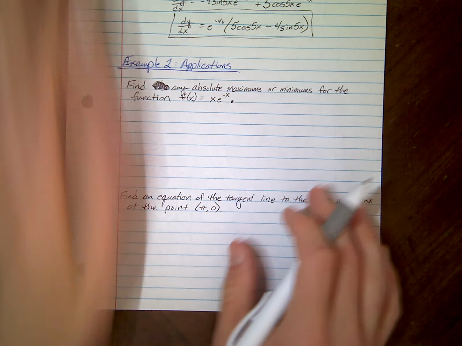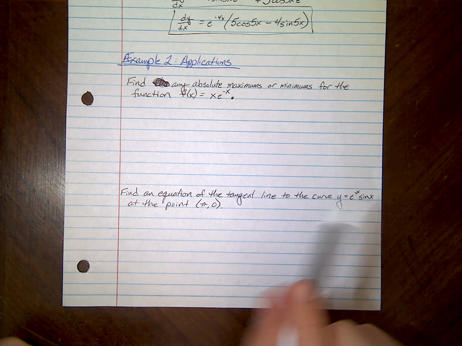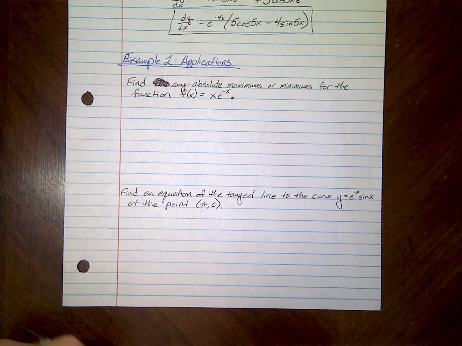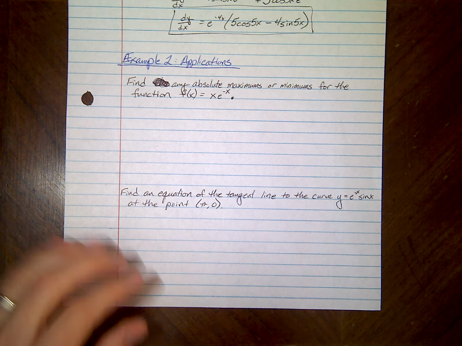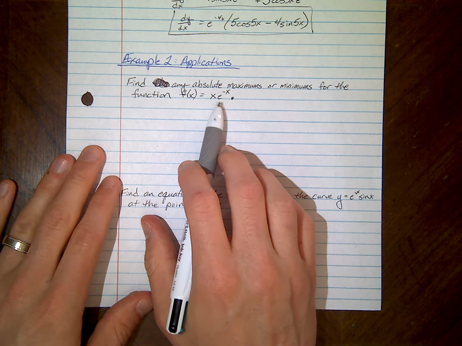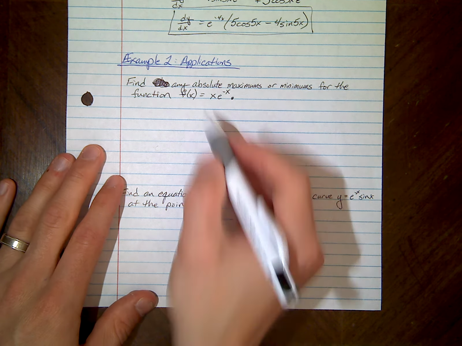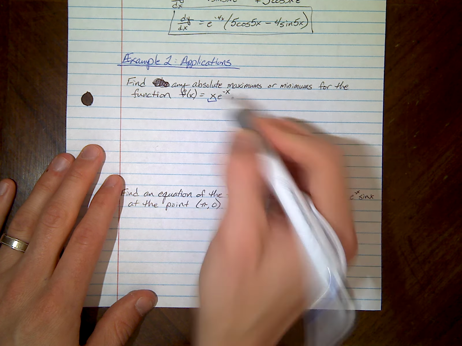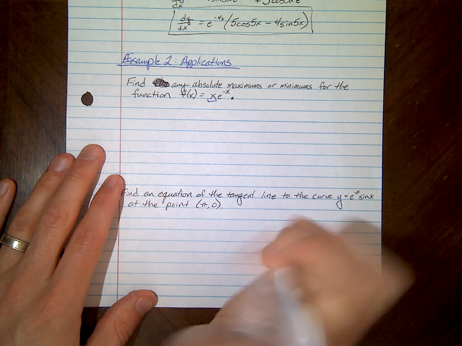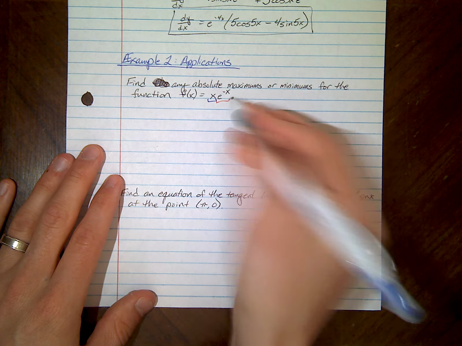If we're finding a maximum or a minimum point, again, same thing. You take the derivative, except now you set it equal to 0. So if we have f of x is equal to x times e to the negative x power, again, that's a product rule. That's your f function. That's your g function.